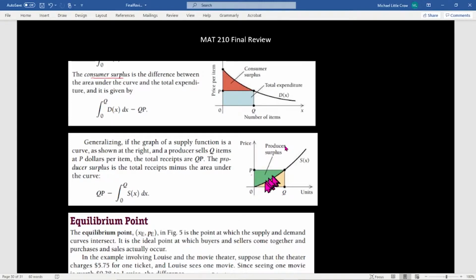But notice it just subtracts differently. With consumer surplus, we integrate the demand and subtract off this QP, and with producers, the QP is in a different place. We're taking that and subtracting off the actual costs, and that gives them a surplus.